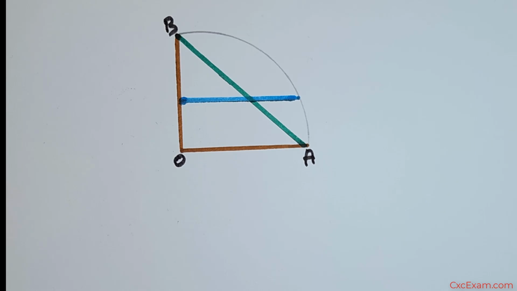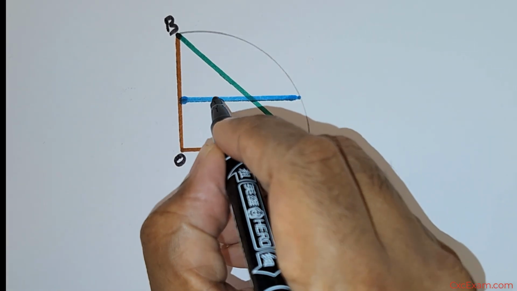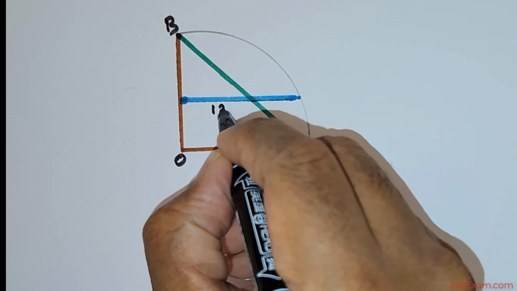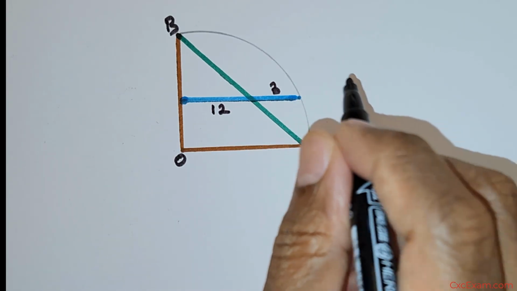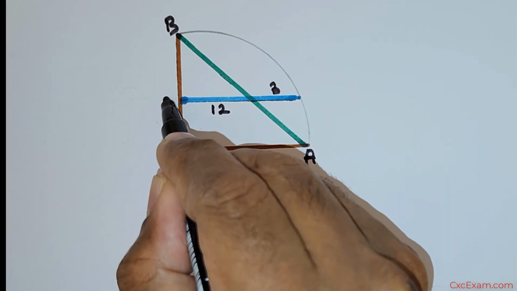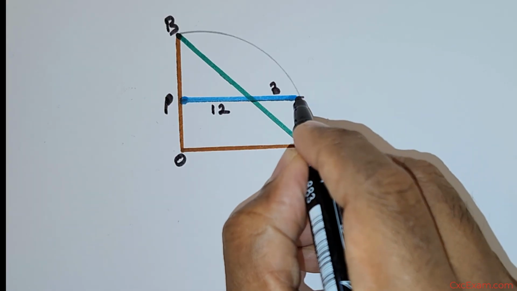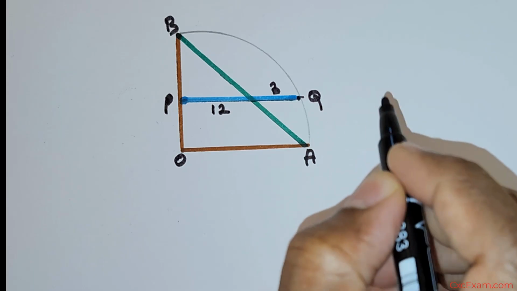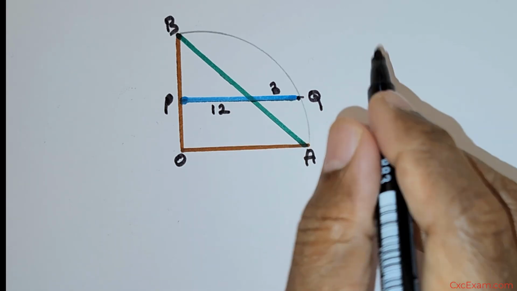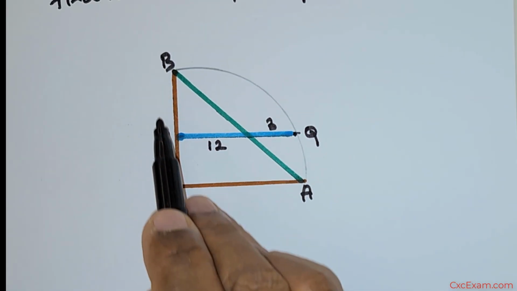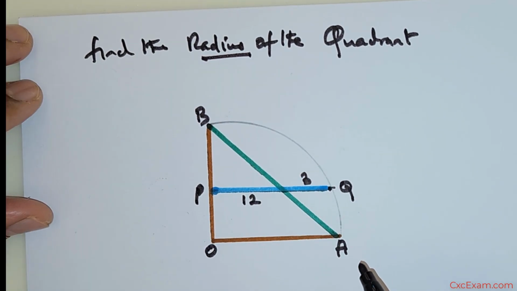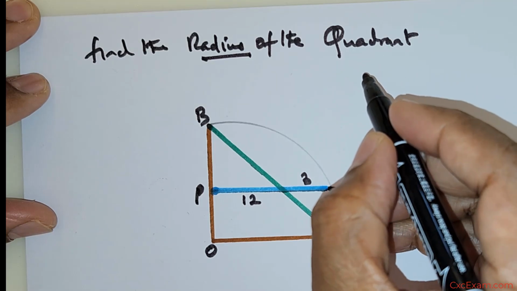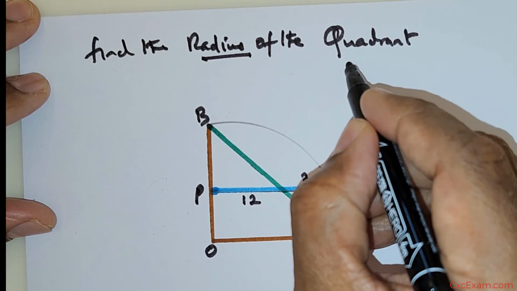So we have this distance to be 12 units, this distance as 3 units. I'm going to take this point as some P, this point as some Q, and we are asked to find the radius of the quarter circle. Okay.